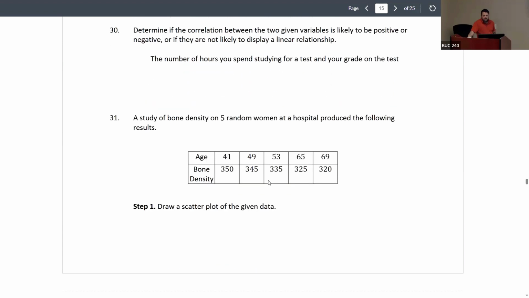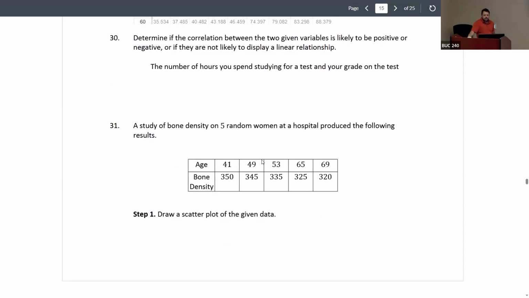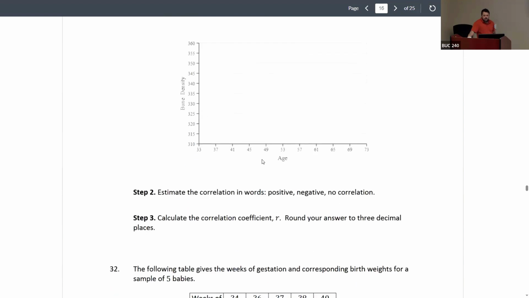And then right here's chapter 12. We'll get into that next week. But you can kind of have a look at what it says. Determine if the correlation between two given variables is likely to be positive or negative, or if they are not likely to display a linear relationship. On Hawks, you will be having to draw a graph. You'll just plot points.